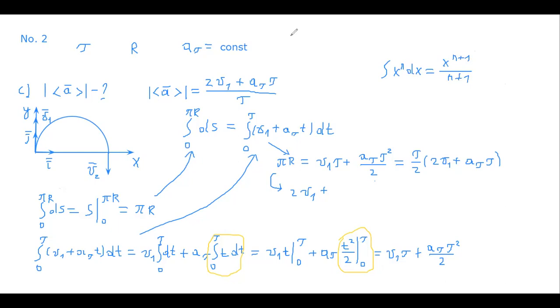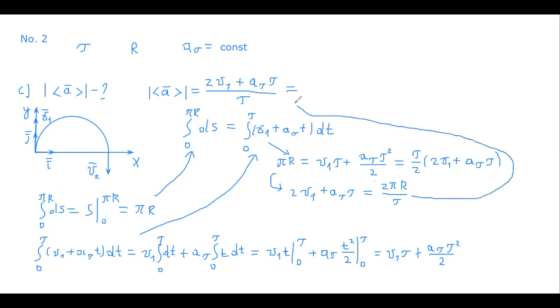Okay, so a tau is equal to double PR divided by tau. Okay, and it is what we need. We can use this here, and we have got the answer.